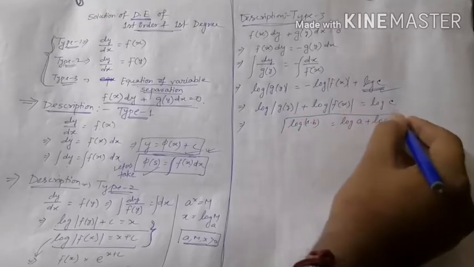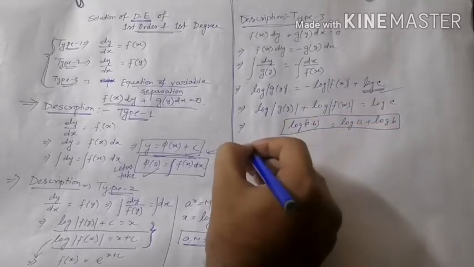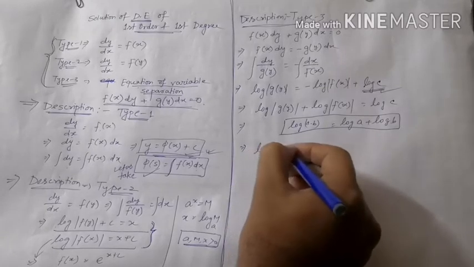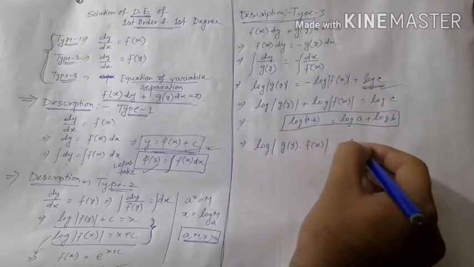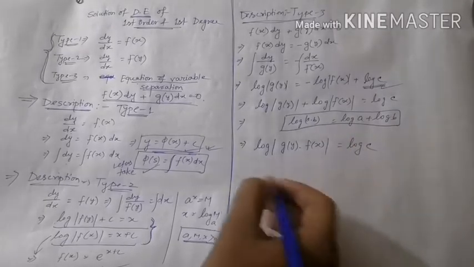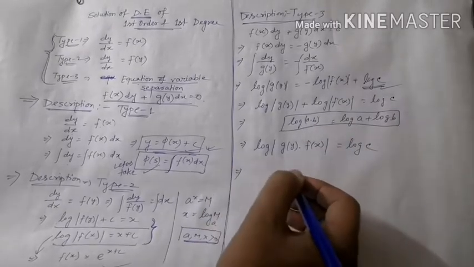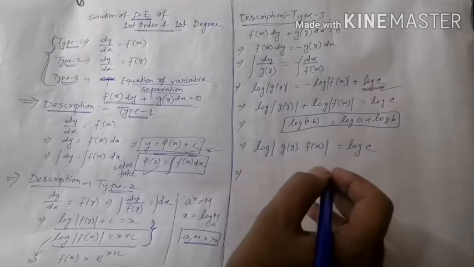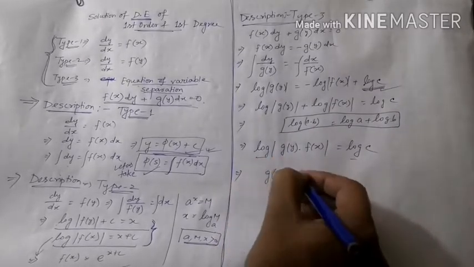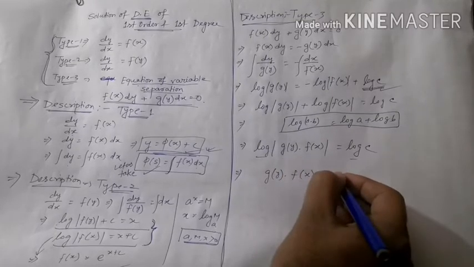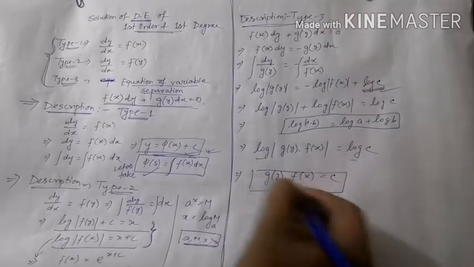By using this property we can get log of g of y into f of x equals log c, and after removing the log on both sides, we can get g of y into f of x equals c. So this is the solution of type 3.